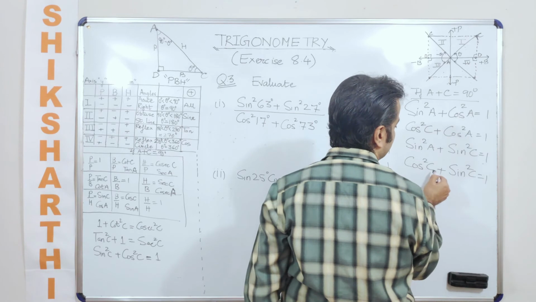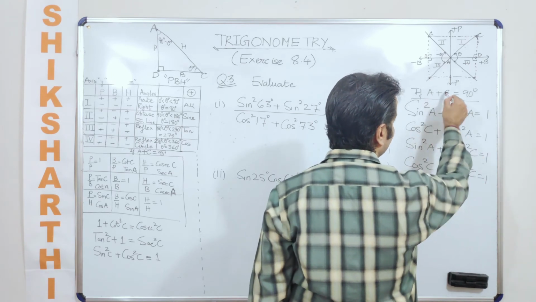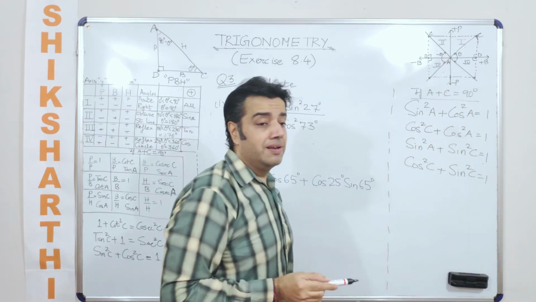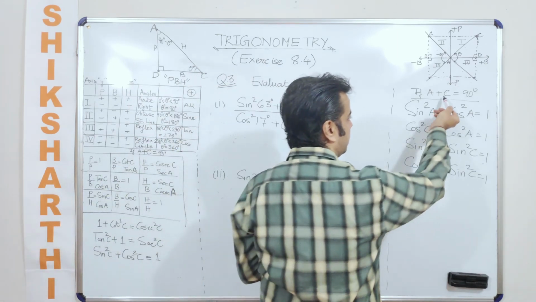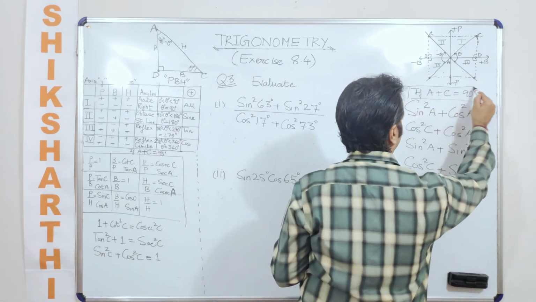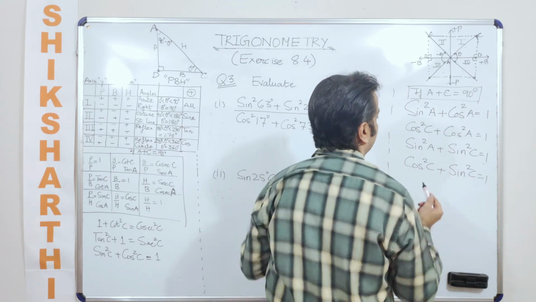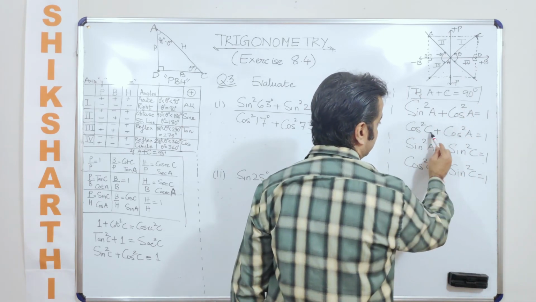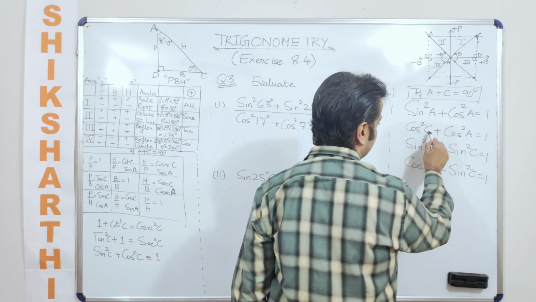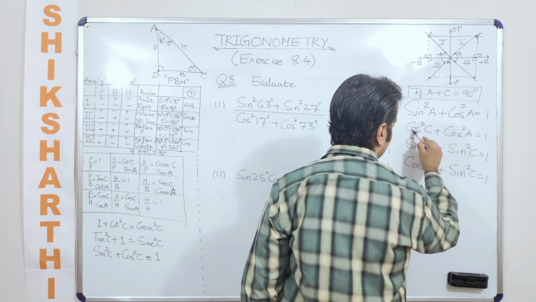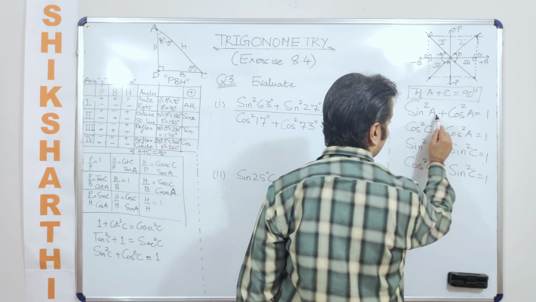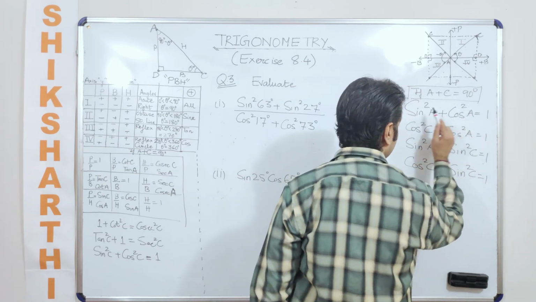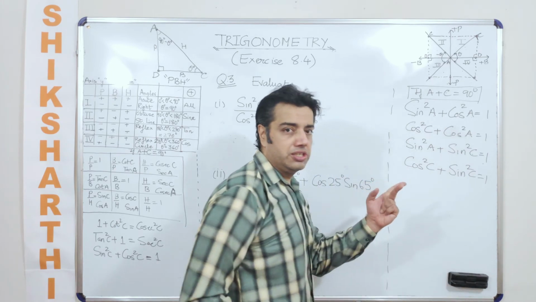Similarly, you can use cos square c plus sine square c is equal to 1, and these are two acute angles not equal to 90 degrees. Right? It is very obvious from this assumption. At the same time you can just change these values. If you are changing these, cos remains the same. If you are changing these, sine remains the same. If you are keeping these as constant, then sine and cos interchange.